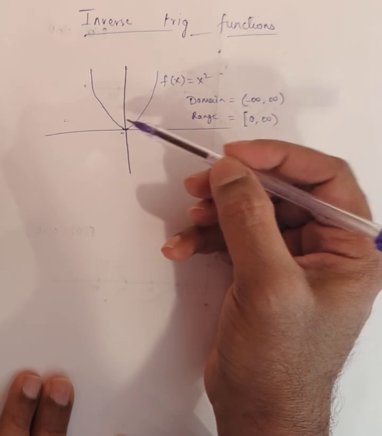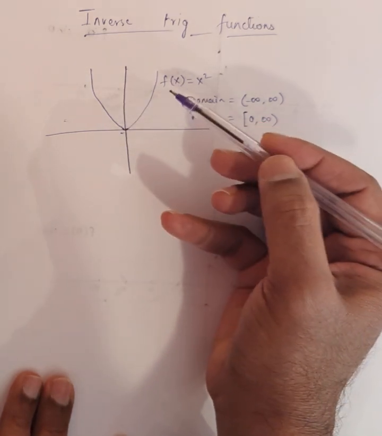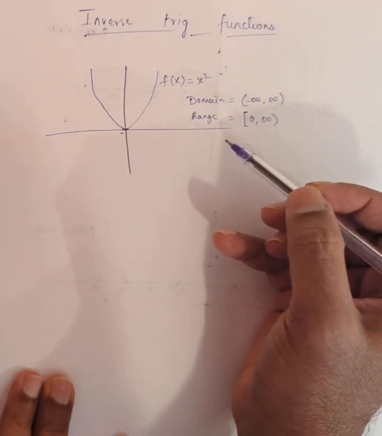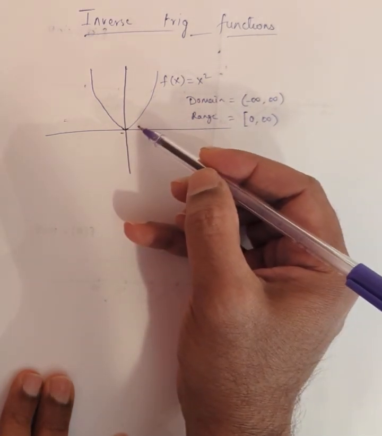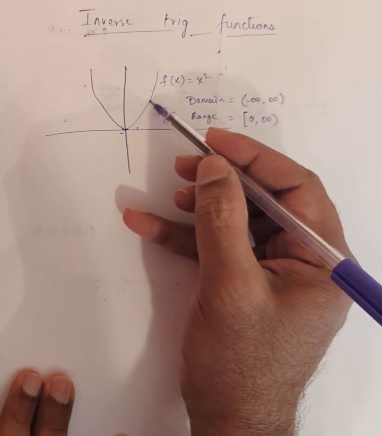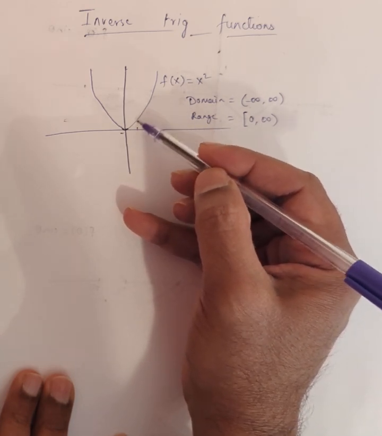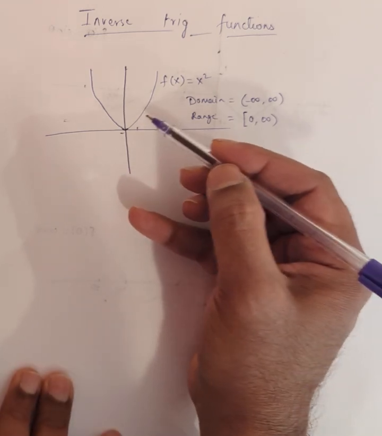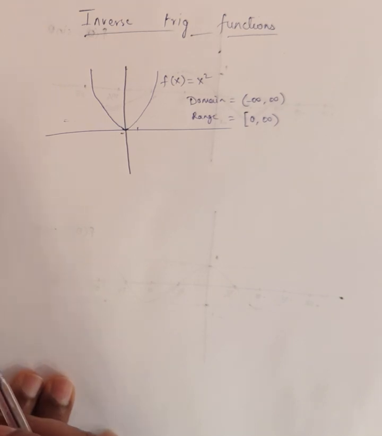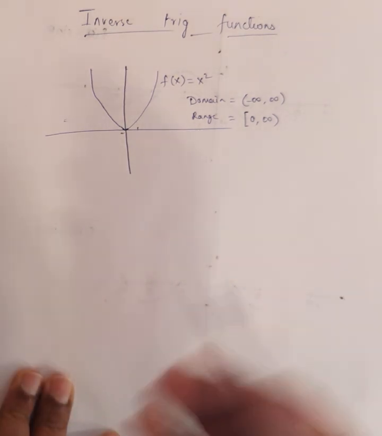However, we can turn this function into one that has an inverse. If you restrict the domain, if you take only a small portion of the graph, for example, from here to here, then look, this piece of the graph passes both horizontal and vertical line tests. So if you cut the domain, then it may be possible to have an inverse.